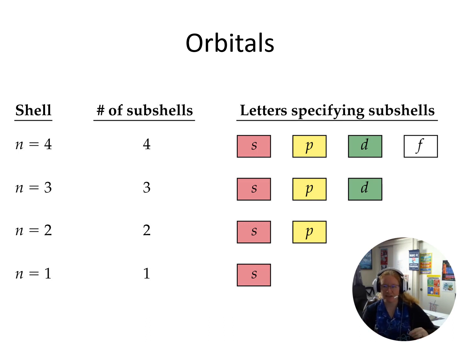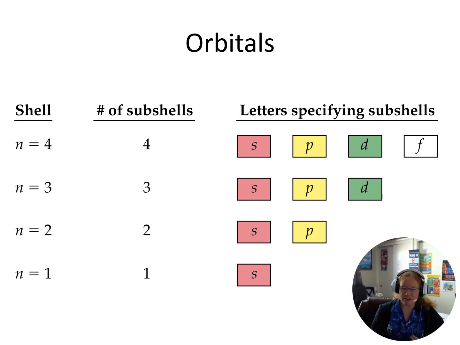That's because in period 2, now I have our s orbital and my p orbitals show up, and so now I can have these 3 different p orbitals. Energy level 3, when I get down to period 3, now I have s orbitals, p orbitals, and d orbitals available to me. And when I get to energy level 4, which starts at period 4 on the periodic table, now I have s orbitals, p orbitals, d orbitals, and f orbitals available to us.